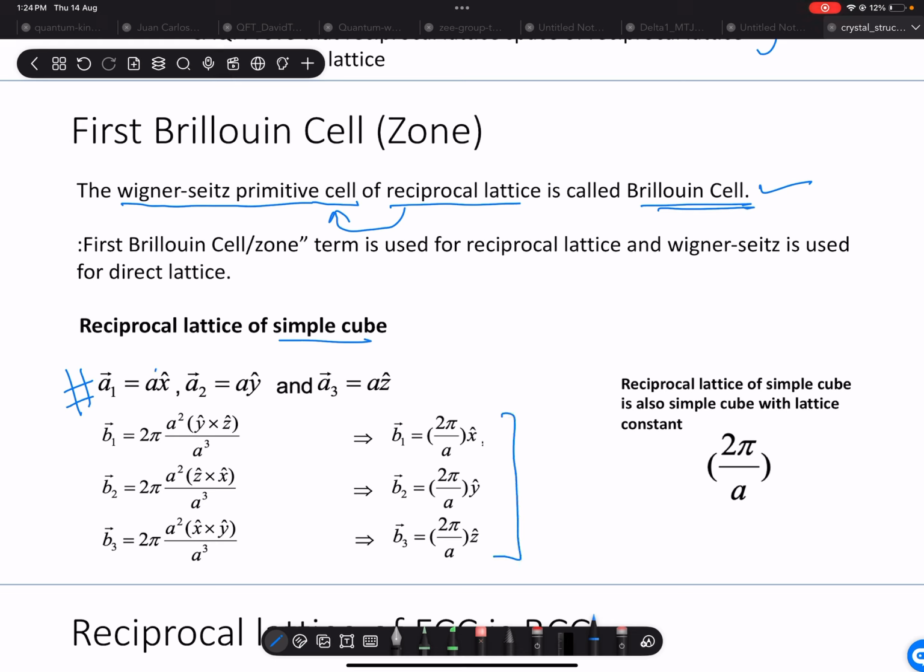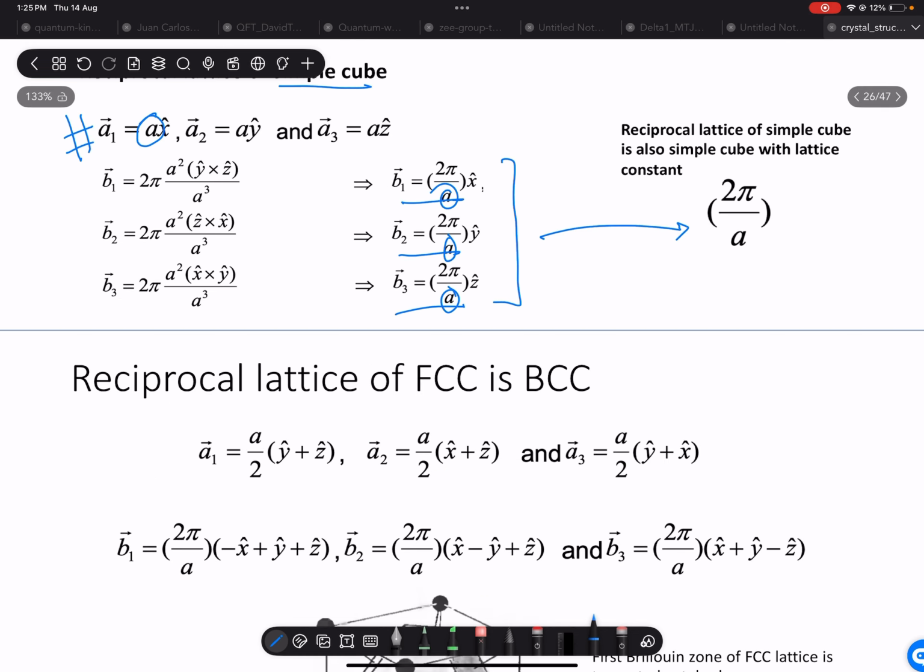You see, the bigger the cube in the direct space, the smaller the cube in the reciprocal space. A similar thing is true for signals: if a signal is spread more in time, in frequency it is more condensed. Similarly, if you have a larger distance between the lattice points in the direct space, in the reciprocal space the points will be more shrunk.